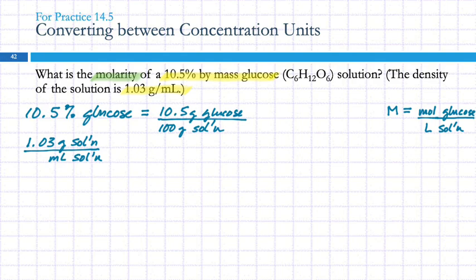So what we have been doing is we write down the stuff that we're given, and some of these look like conversion factors, and then we find the one that doesn't look like a conversion factor and we start with that one. This doesn't have one of those. Because what we're trying to find is also a per unit, moles of glucose per liter of solution.